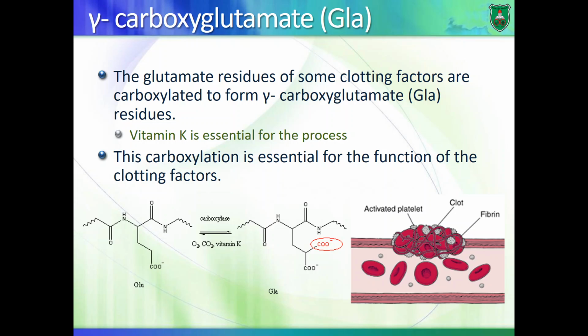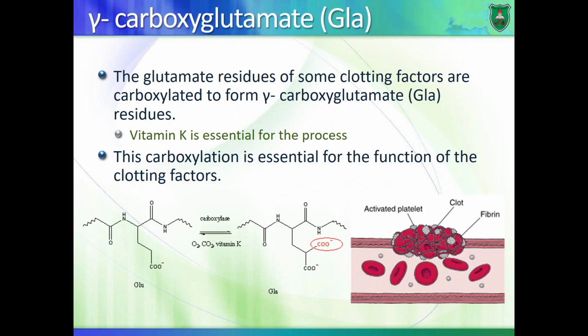Now, glutamate can also be a precursor for a modified amino acid as part of proteins, the protein known as thrombin. So it can be carboxylated. It's already a carboxylated amino acid, having this R group, but another carboxyl group can be added, and that helps in blood clotting.